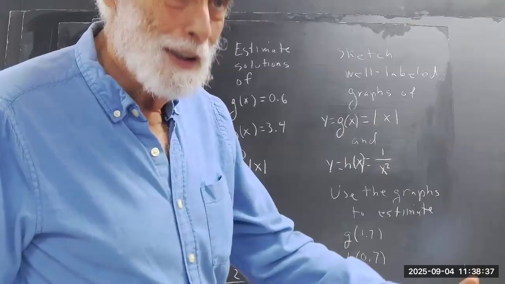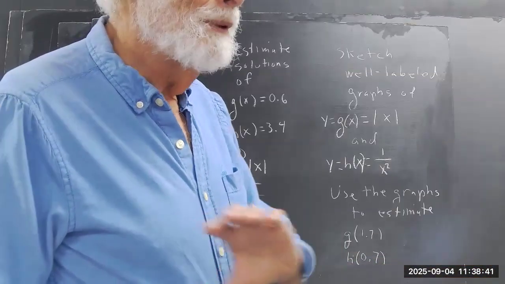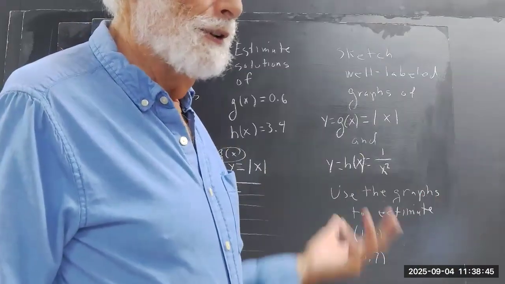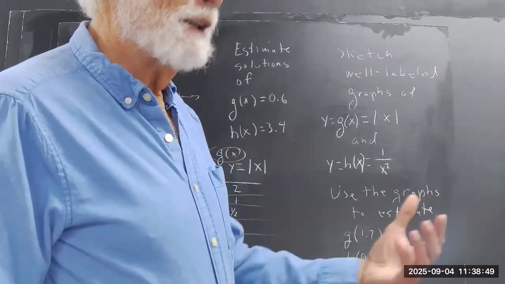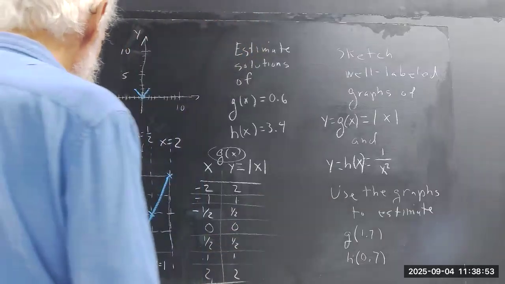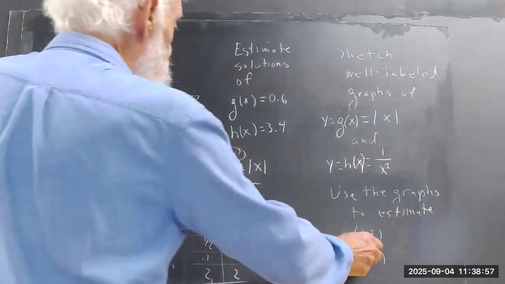But that's not how you estimate it. You know what the answer is going to be, but you're calculating it if you do that, okay? And of course, it's really easy to calculate it in this case. But in other cases, it's not going to be easy. So we want to see what it means to estimate. And to estimate, that just means, let's find 1.7.